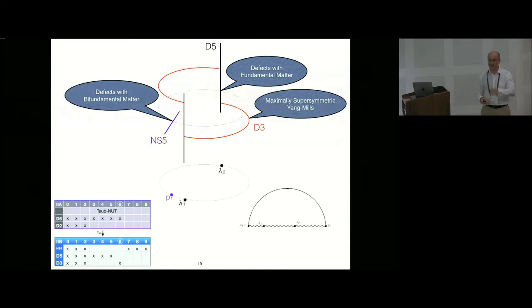So let's represent it this way. We have a circle. We have lambda points, which are positions of D5s. We have p points, which are positions of NS5. Whenever you have a p point, it cuts your circle. So if a single p point is there, then a circle is an interval. And then, when it cuts it, it introduces a bifundamental hypermultiplet there.